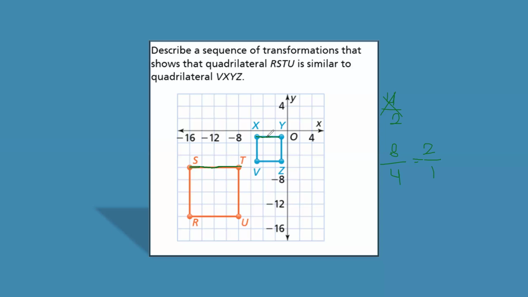Let's check another side. 2, 4, 6, 8 over 1 plus 2, 3 plus 1, 4. Simplify it, divided by 4, both of them, 2 out of 1.